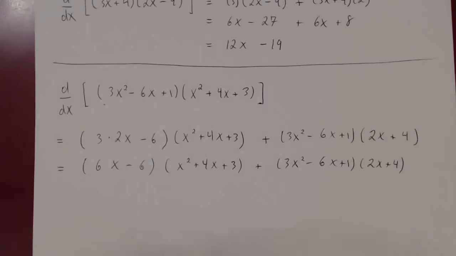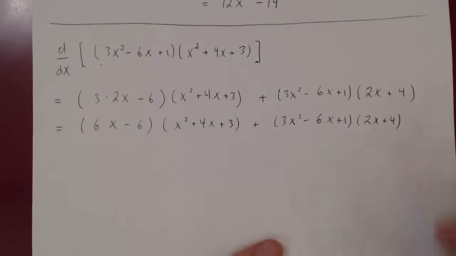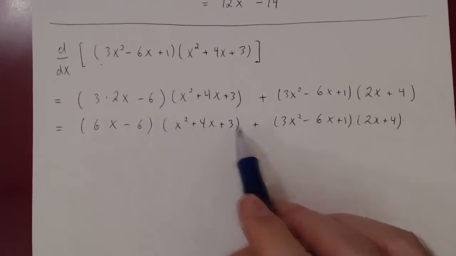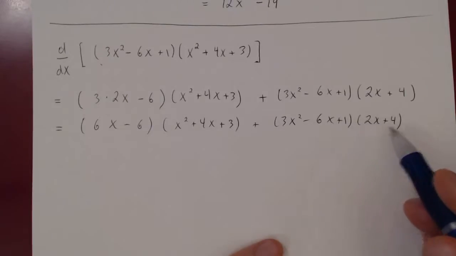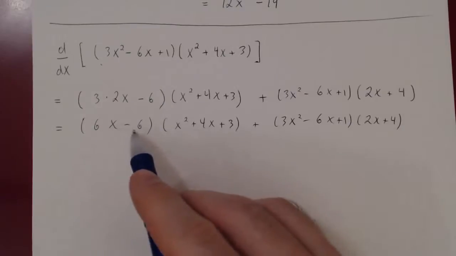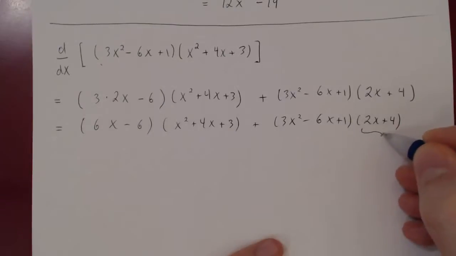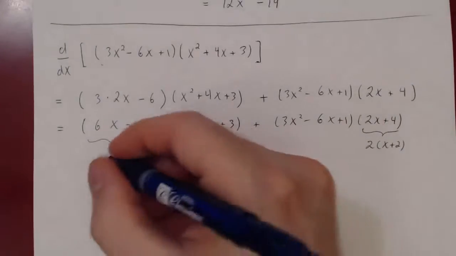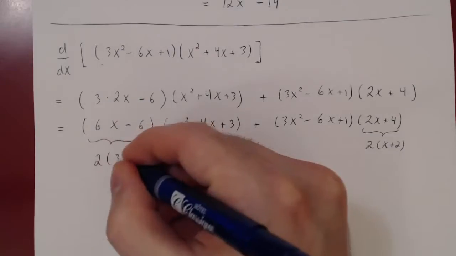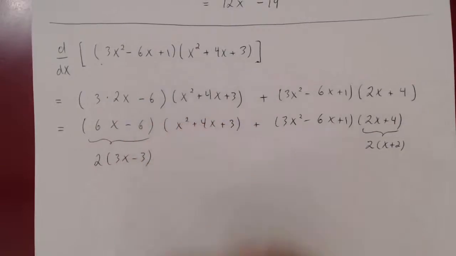We can try and factor common terms. These are two quadratics. We don't have common factors, but here there's a factor of 2 that we can pull out, and same thing here. So this is 2 times x plus 2, and this one here is 2 times 3x minus 3.